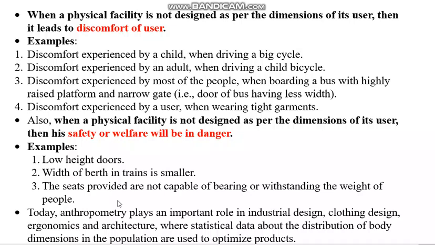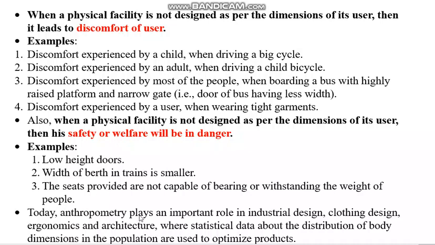Either it will crumble and collapse, or some injury may take place. So safety also. Say two things: if the machine or equipment or anything is not made as per the dimensions of the user, he may experience either discomfort or he may face some safety issues.